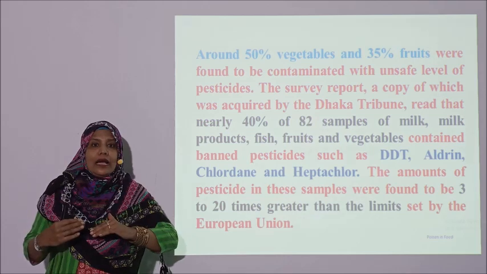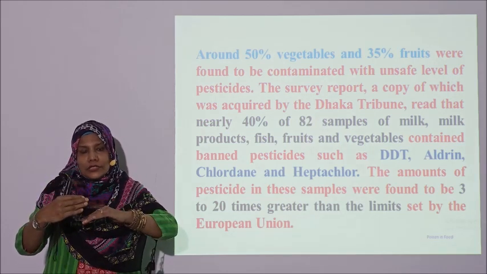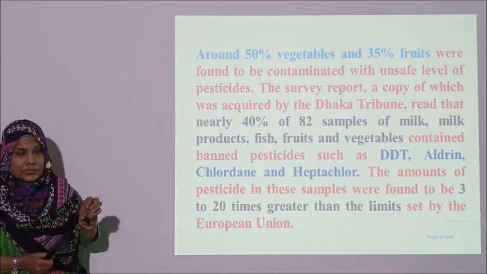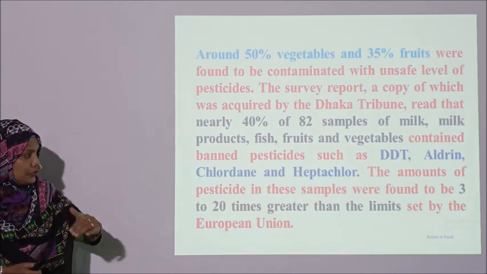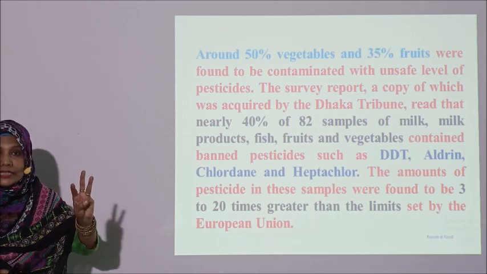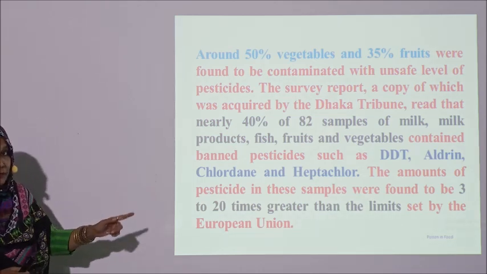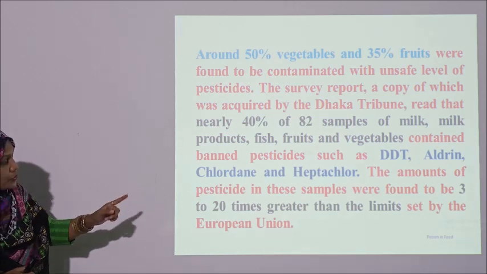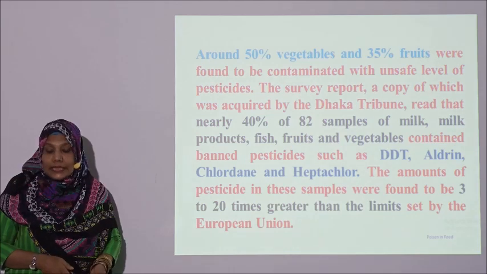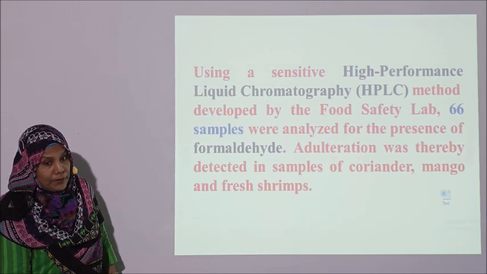So they guide us on the quantity of pesticides or drugs to use in our day-to-day foods, whether 1 time greater, 2 times or 3 times greater, or our comfortable level. But they found 3 to 20 times greater than the limit set by the European Union. That is, they are doing harm to the people.